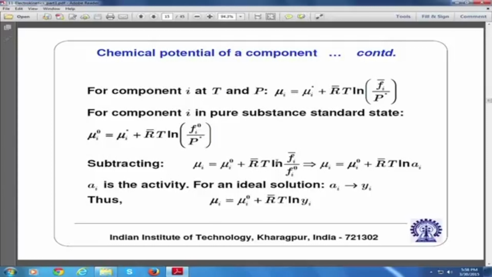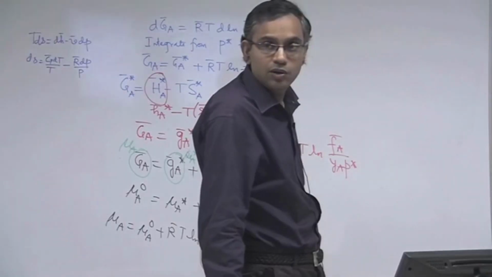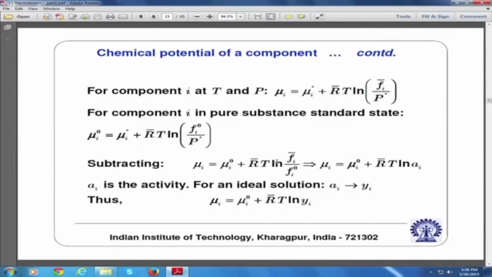So if you subtract, then you get mu I is equal to mu I 0 plus RT ln AI, which is what is written on the board as mu A equal to mu A 0 plus RT ln AI, where AI is the activity. So for an ideal solution, if we assume the ions to be an ideal solution, which is not a very impractical approximation, then you have mu I is equal to mu I 0 plus RT ln YI.